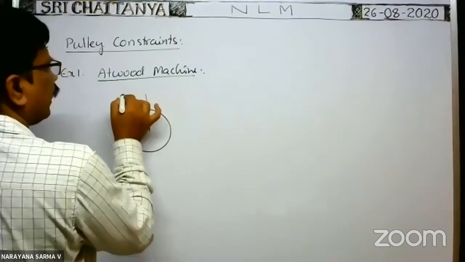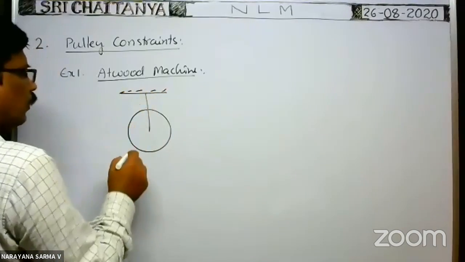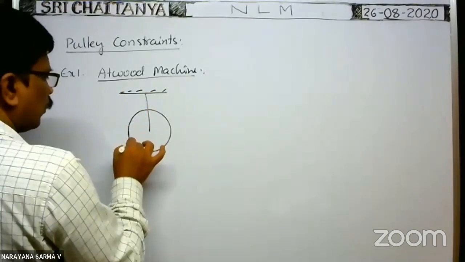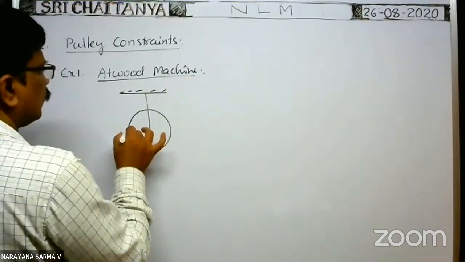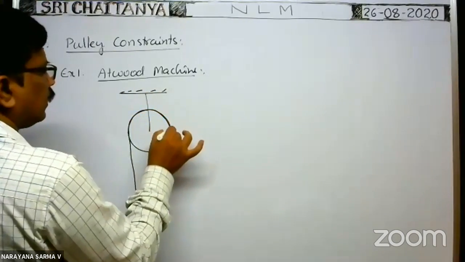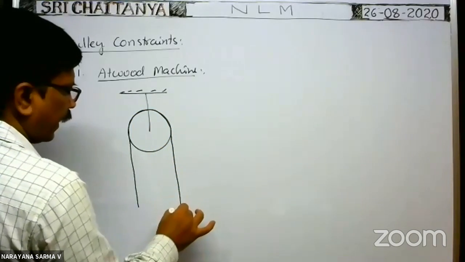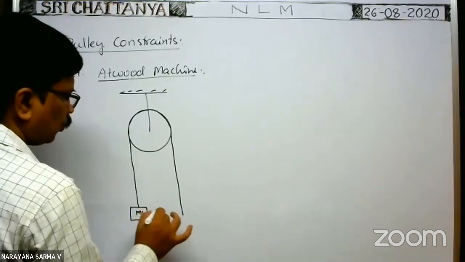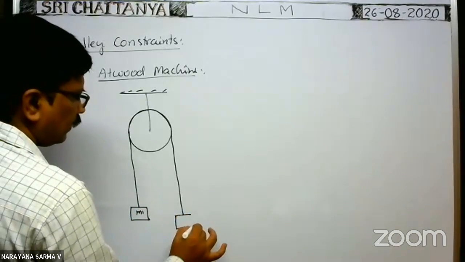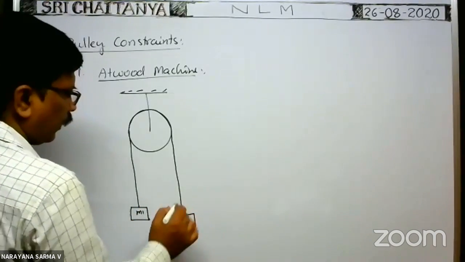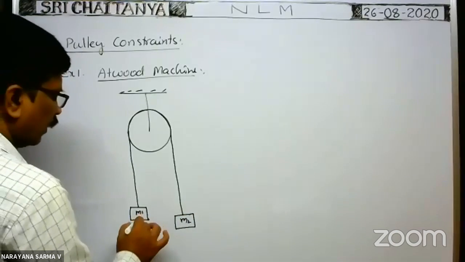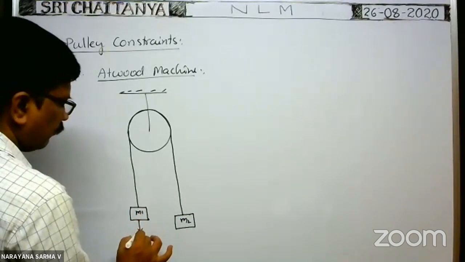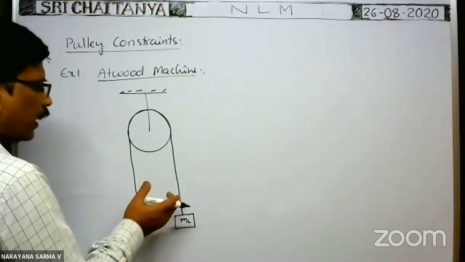The string is passed over the light frictionless pulley like this, and two blocks are attached at the two ends of the string. Suppose these two blocks are released.